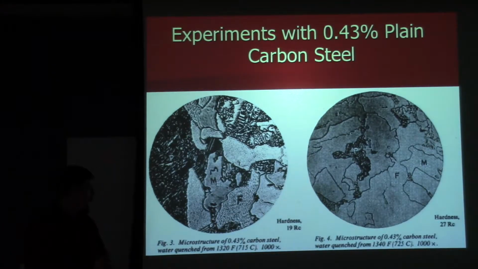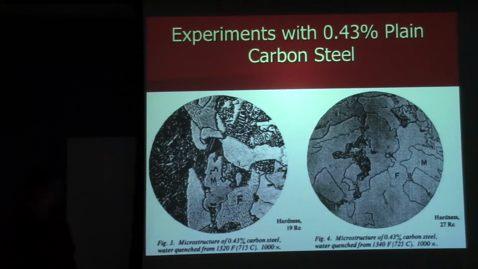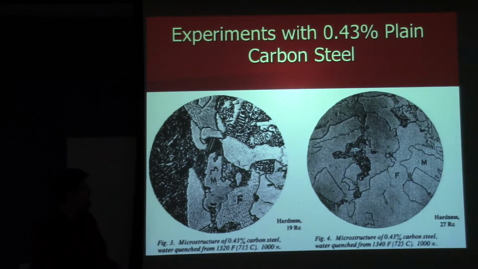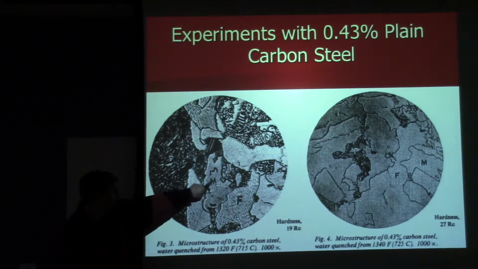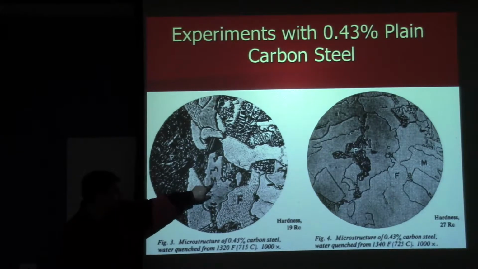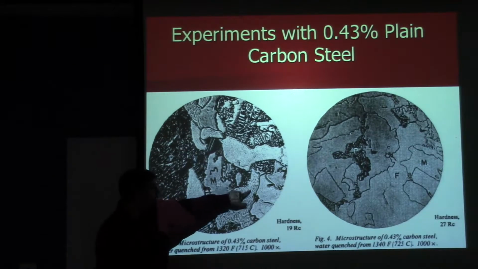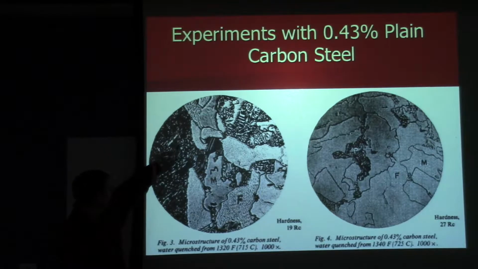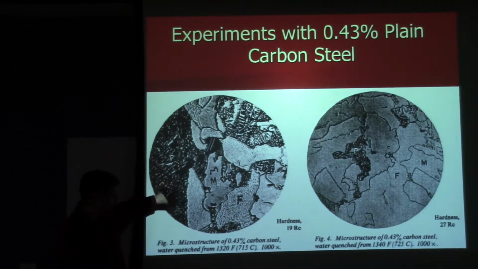So he takes that piece of steel and he heats it up to 1320 degrees Fahrenheit. And he quenches it. And in doing that, he gets a change in the microstructure. And he's identified that here, this M, as some martensite. And here we have some ferrite. And he has also still quite a lot of pearlite.